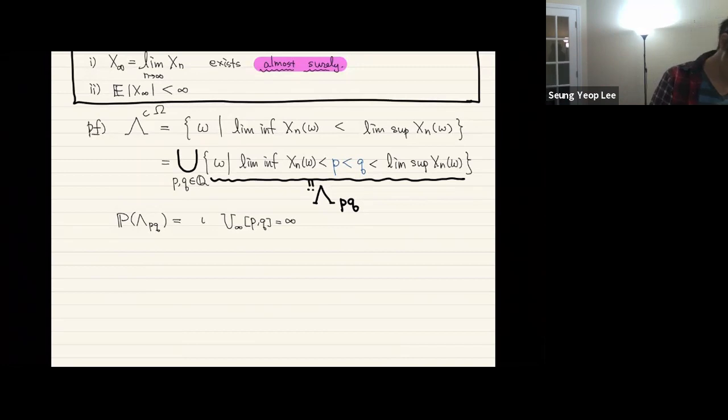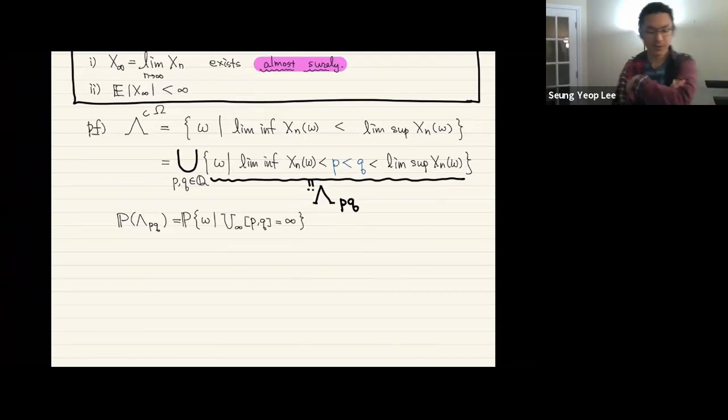That's exactly this lambda PQ. So lambda PQ is given by this event where the oscillation around PQ is infinite, so the crossing number is infinite. Is it true? Yeah, that's true.